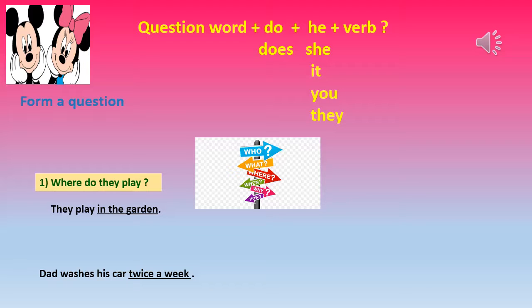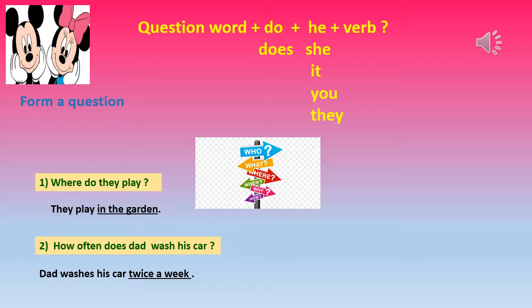And then I have to put do or does. Dad takes what? Does. So how often does dad washes or wash? It will be wash because I have does. So how often does dad wash his car?